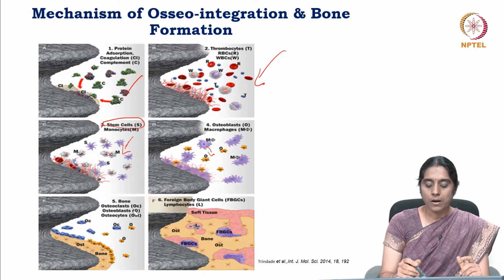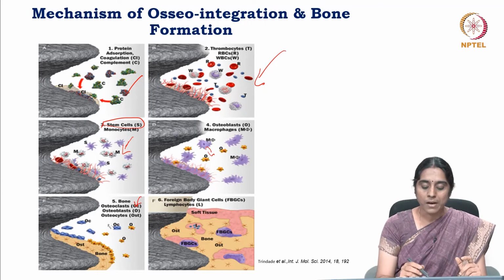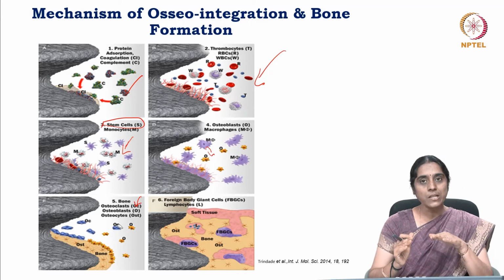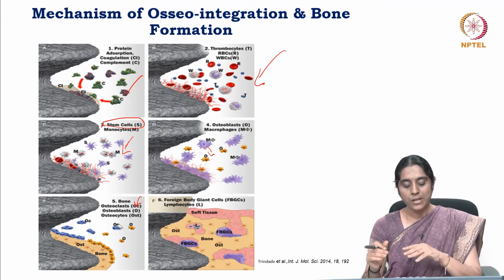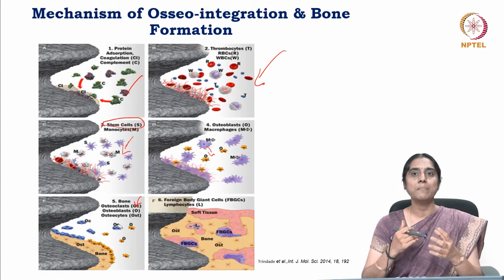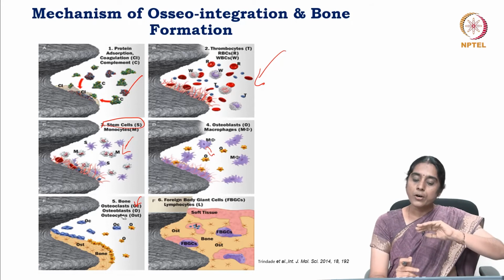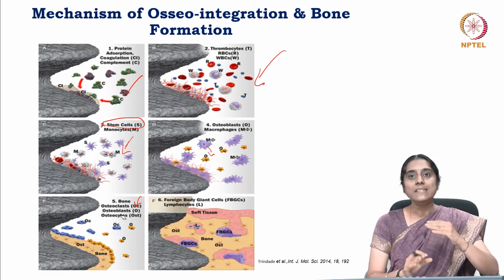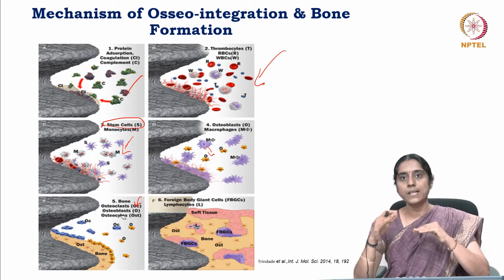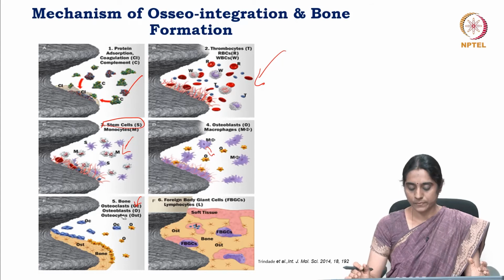It is not just the osteoblast alone that will help in the formation of bone, but also the balance of osteoclasts, osteoblasts and osteocytes. This balance is mediated by the macrophages, because osteoblasts will go on forming the bone matrix, but the remodeling at the site will be mediated by osteoclasts, right.